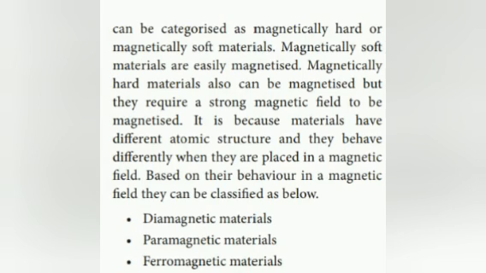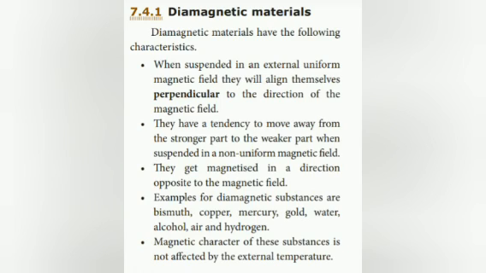Based on this behavior in a magnetic field, materials can be classified as diamagnetic, paramagnetic and ferromagnetic materials. Okay, first we are going to see about diamagnetic materials. Diamagnetic materials have the following characteristics. First, when suspended in an external uniform magnetic field, they will align themselves perpendicular to the direction of the magnetic field.